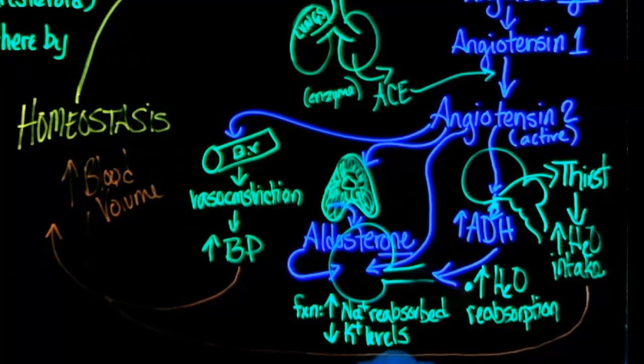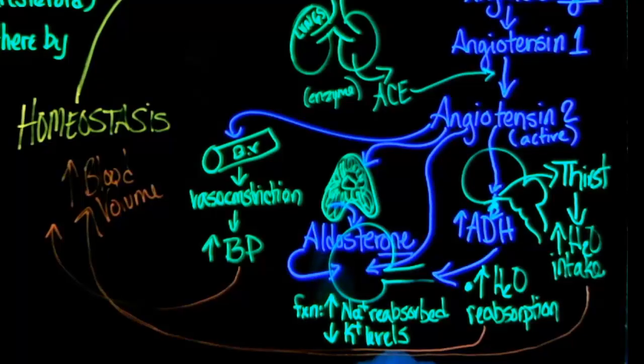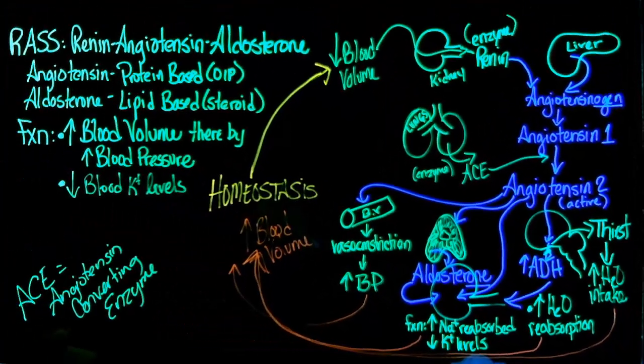When antidiuretic hormones are around and we are increasing water absorption, that is going to contribute to an increase in blood volume. And if I can control where the salts are and move salts into the bloodstream, that will also increase the blood volume. This gets the body back to homeostasis.